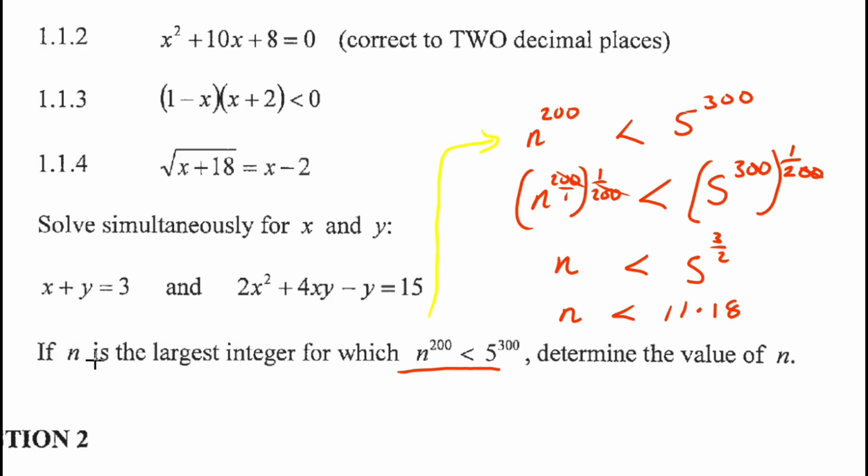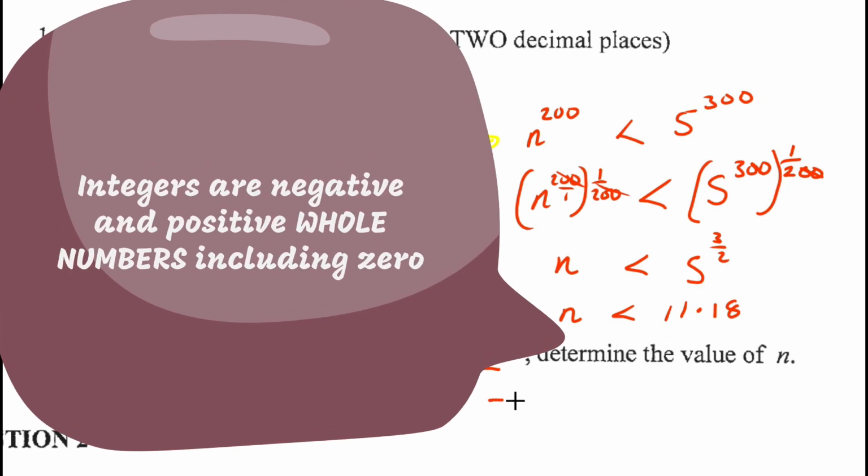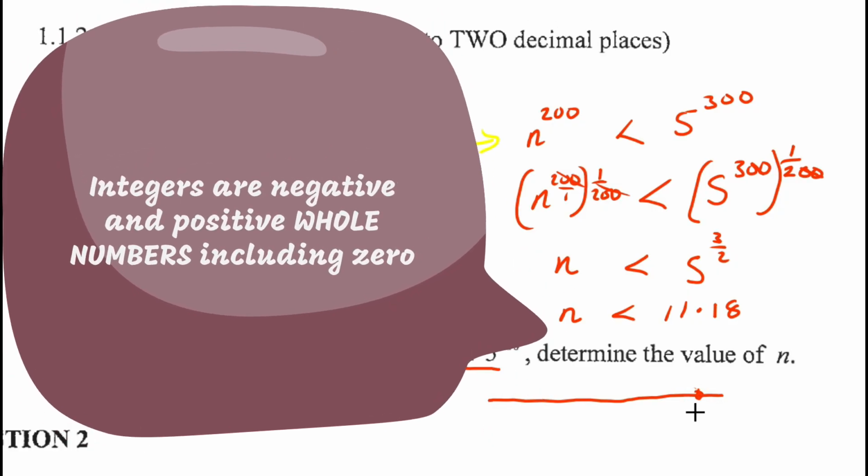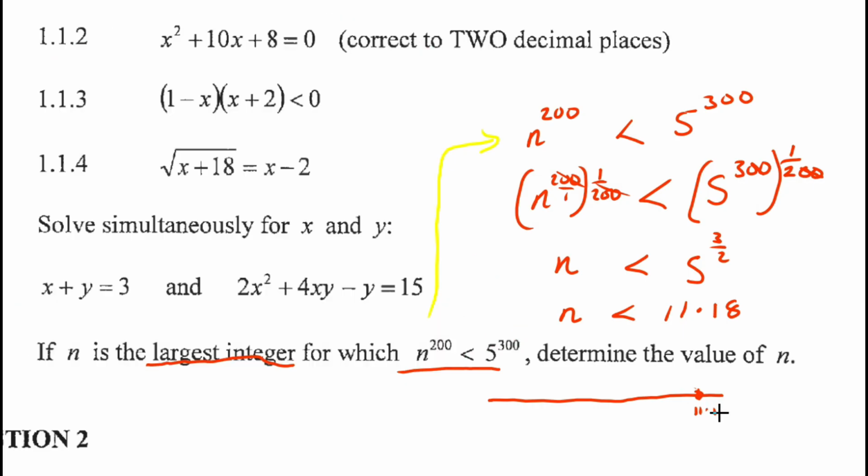the largest integer means what? Means which one is the biggest number? If we are to list these numbers, which one is the biggest whole number when we are here? So we are on a number line like this, and here on this point, that's where we have 11.18.